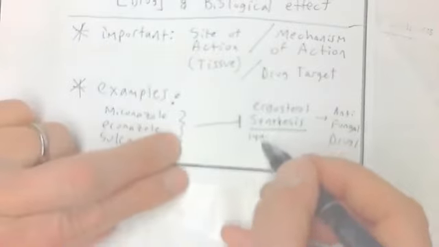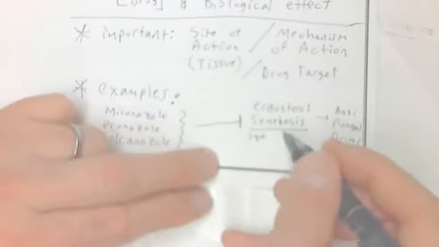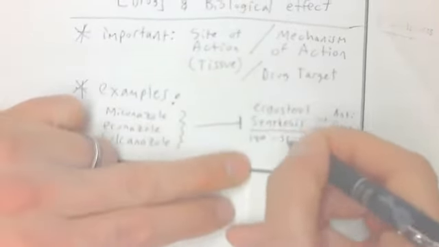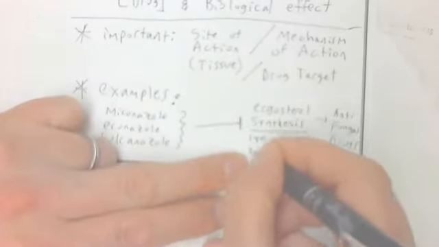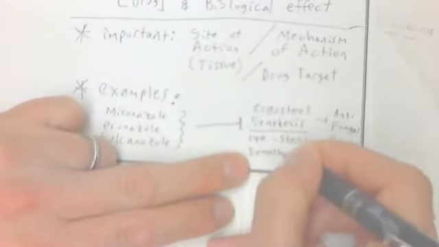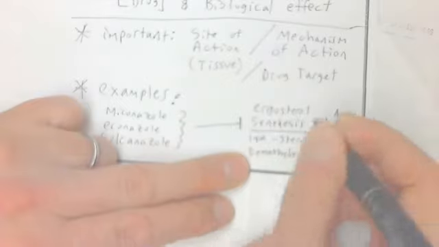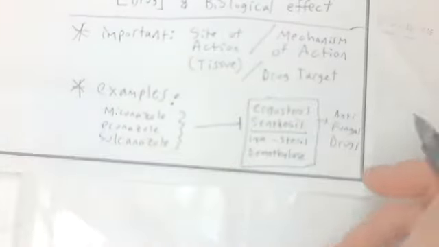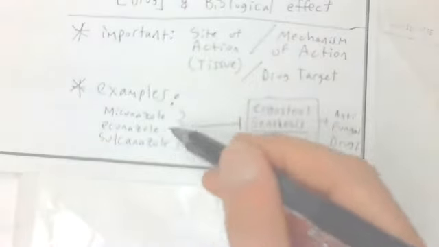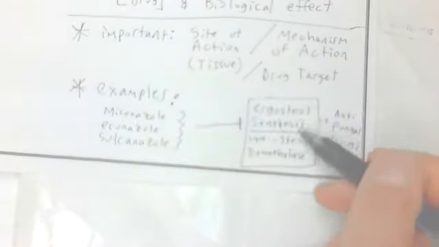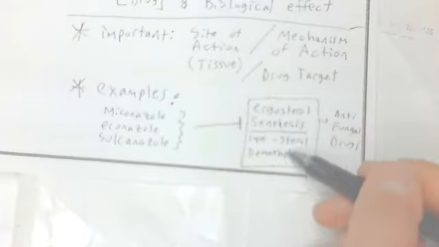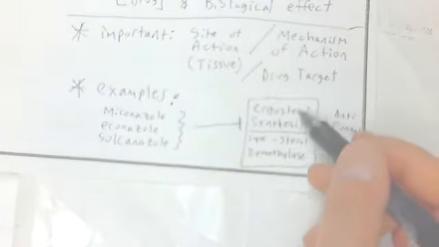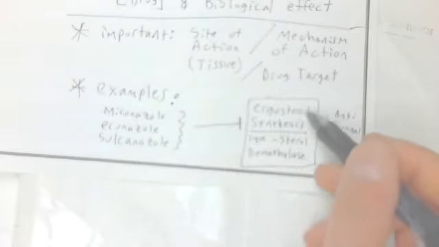That's an alpha 14 alpha, 14 alpha sterol demethylase. Okay, so that was how they worked. They inhibited an enzyme that was involved in this steroid, and the steroid is a crucial component of the fungal cell wall.